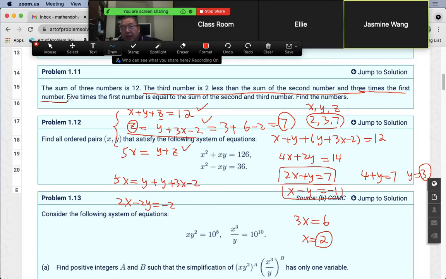After you read and understand this problem, then you follow the steps. First, set the variables. Okay, so this is very straightforward. Set 3 variables. You can use any letters, like usually we can use x, y, z. You can also use A, B, C, W, U, V, like that. The letters do not matter.